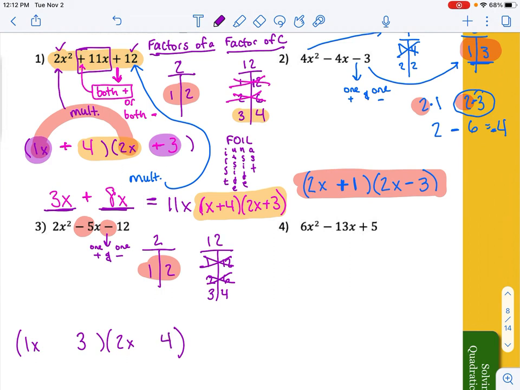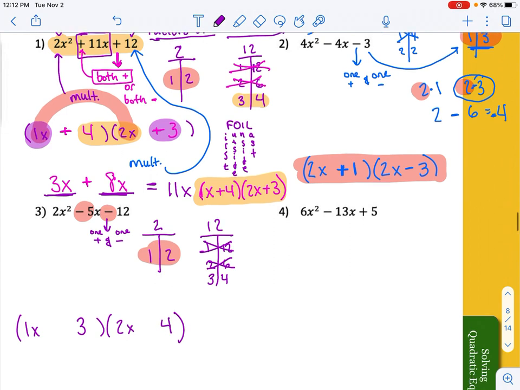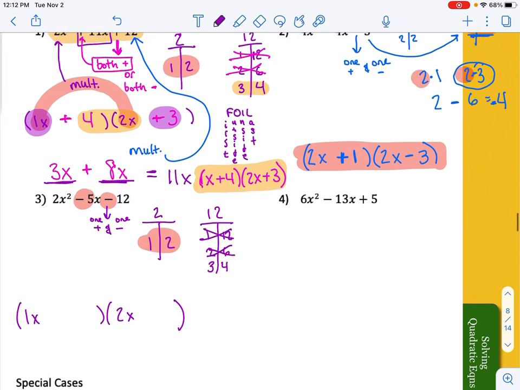I'm going to plug in 3 and 4. Or like I did above, I can group up 1 times 3 and 2 times 4. I end up getting 3 and 8.